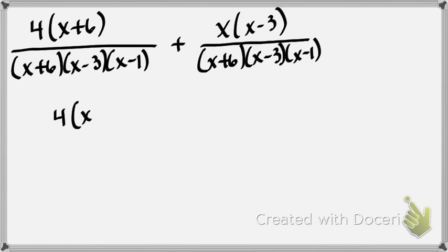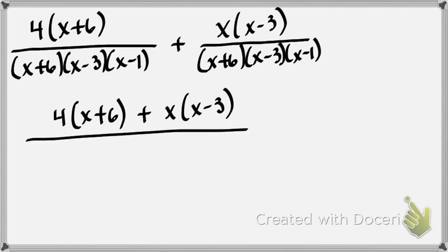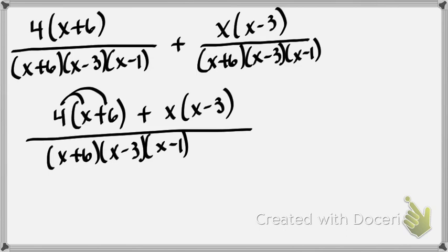4 parentheses x plus 6 plus, and so now I'm basically just creating one whole fraction with all this stuff underneath. Now I need to simplify the top, so I'm going to do the distributive property here and here.